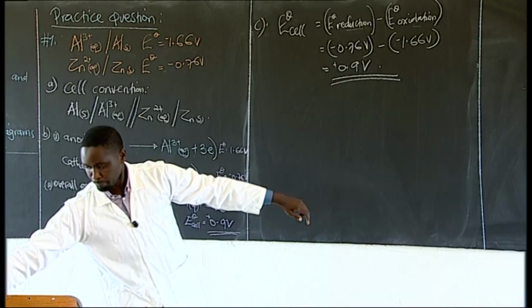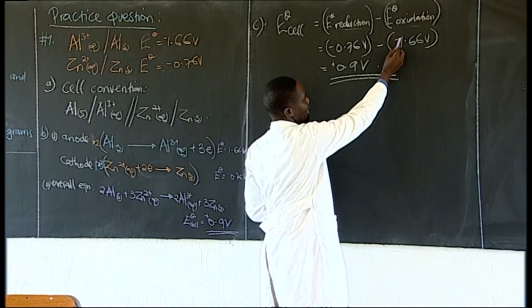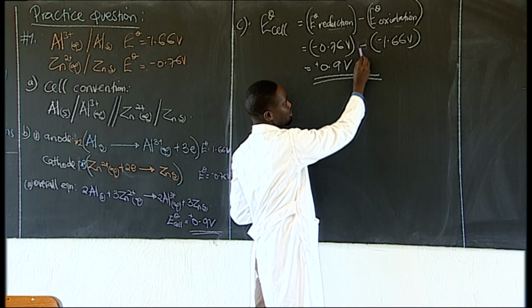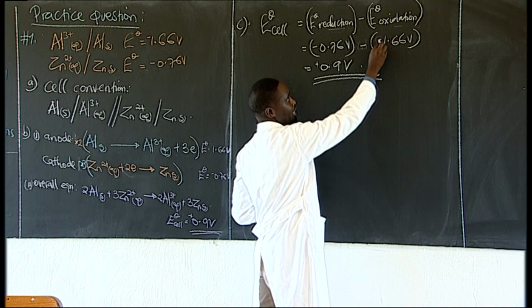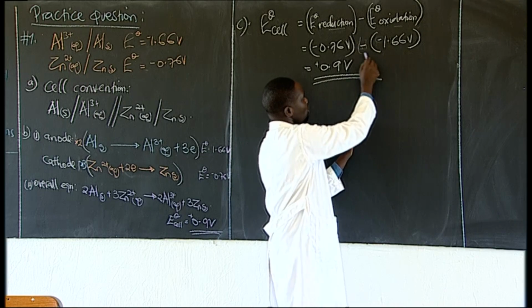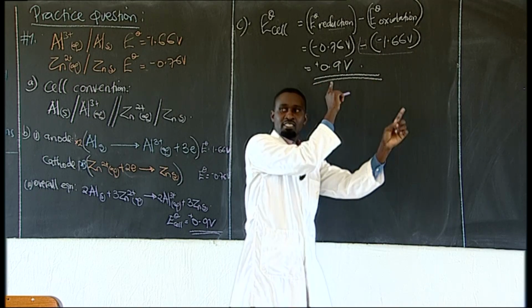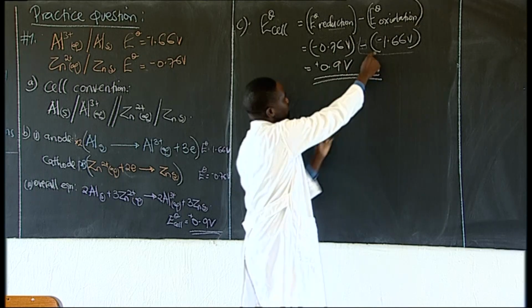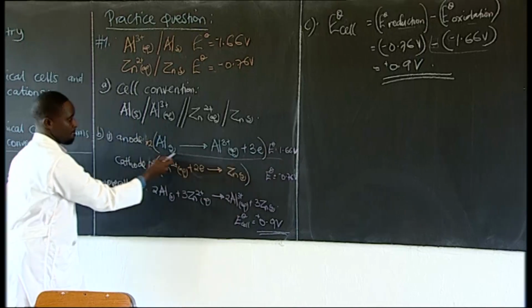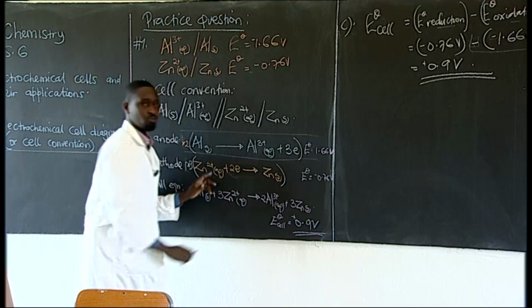Do you see this negative I'm putting in here? Yes. The presence of this negative and a negative, it will become a positive. So this side will be reversed, and the reverse is seen just right here.